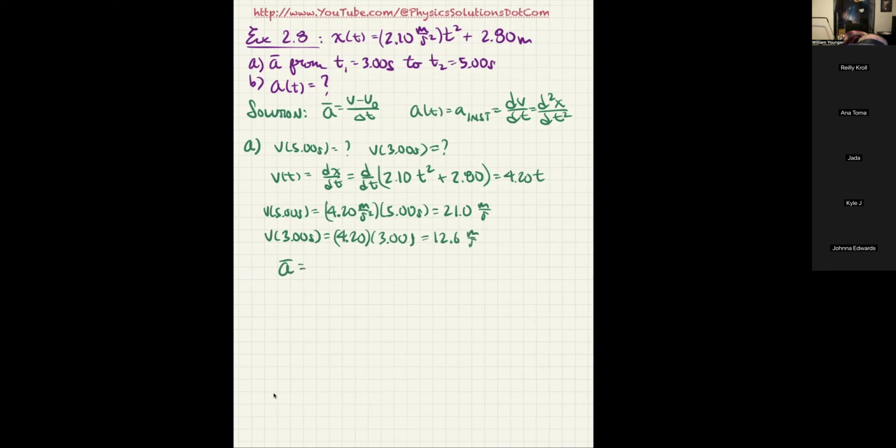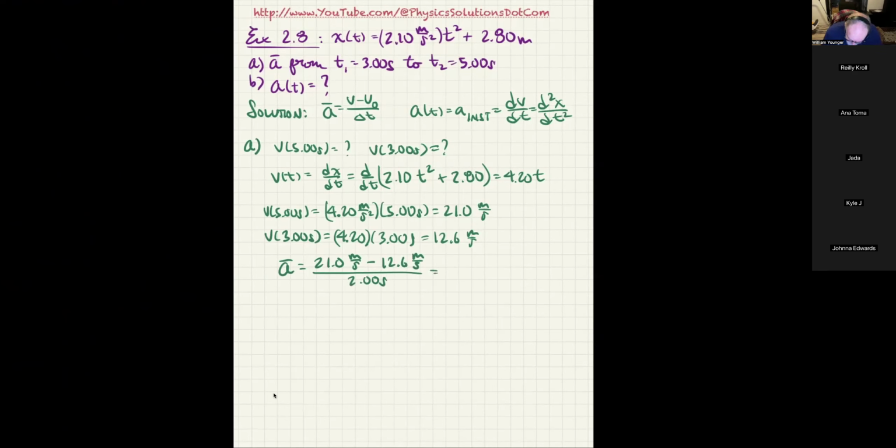So now I can calculate the average acceleration: 21.0 meters per second minus 12.6 meters per second. So that's 8.4 on the top, divided by the time elapsed, which is 2.00 seconds. Remember, that's just 5 minus 3.